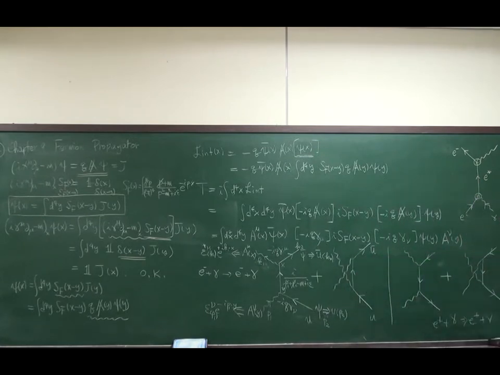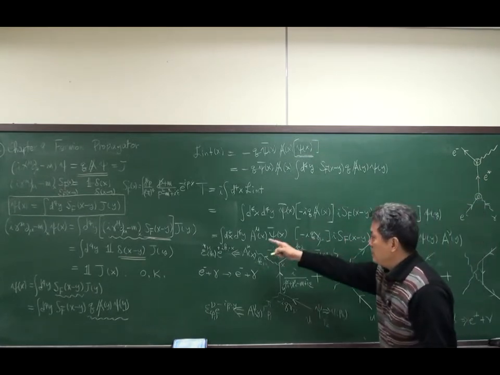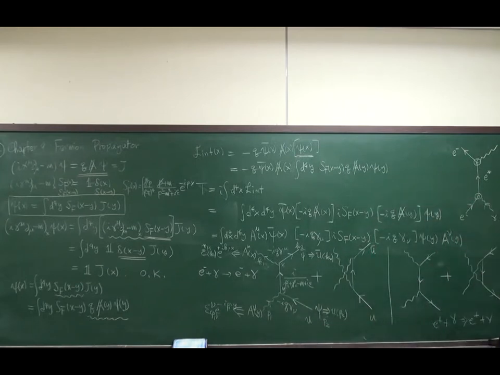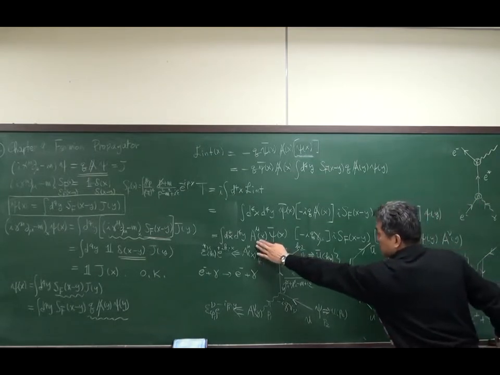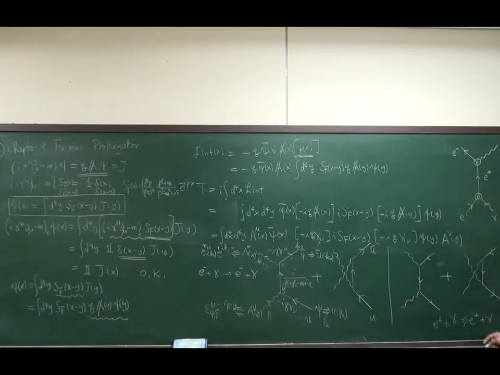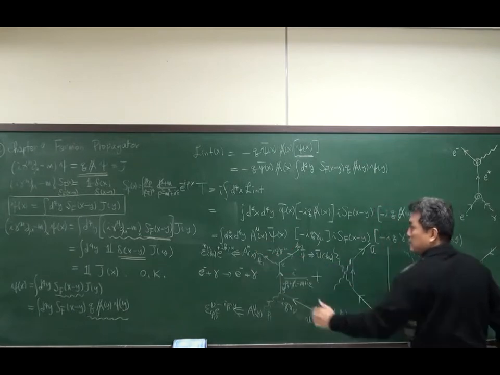And you know, these two photons are indistinguishable in this expression. I don't know whether this photon is incoming or outgoing. It is also true that it is outgoing and it is incoming.